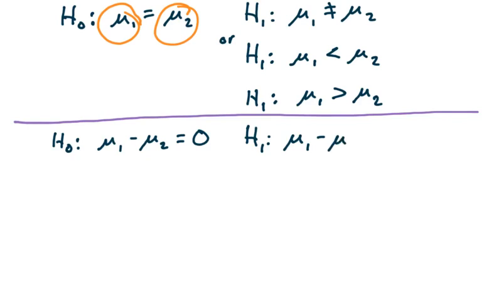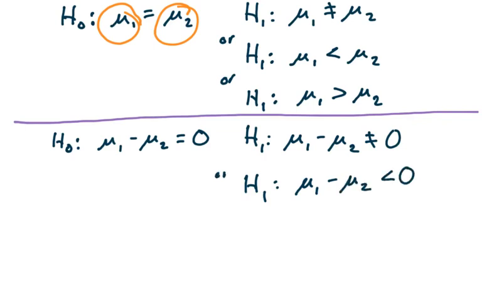So here, our alternative hypothesis, if it's a two-tailed test, we're going to say mu1 minus mu2 is not equal to 0. For a single-tailed test, this would be a left-tailed test. We're going to say like this. Mu1 minus mu2 is less than 0. Okay?